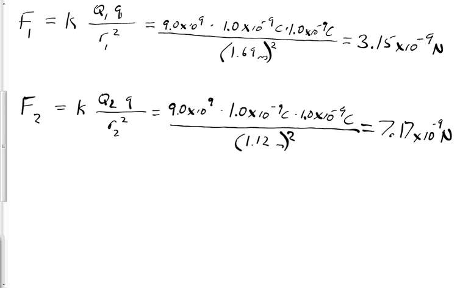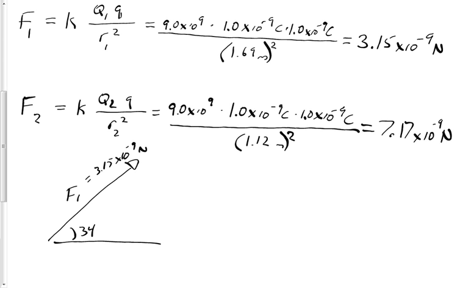Alright, so if I have a force, I'm going to say force 1, that is equal to 3.15 times 10 to the negative 9th newtons. That's going to be my hypotenuse. And my angle is going to be, as we just said, 34.16 degrees, and this is for force 1.